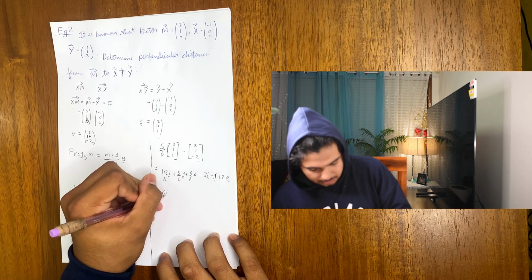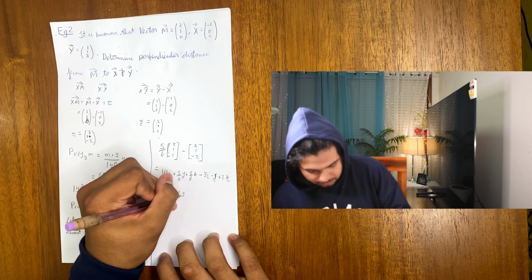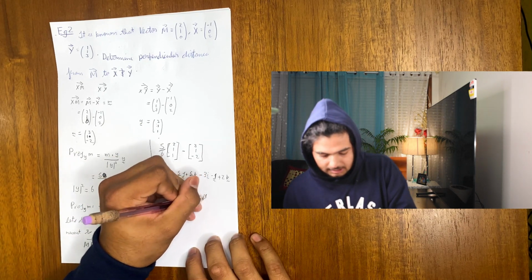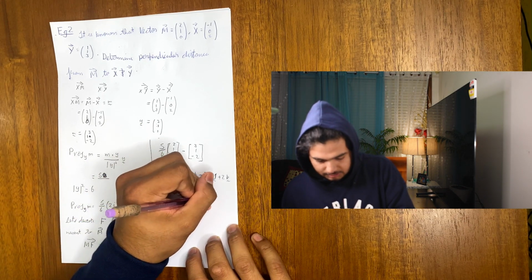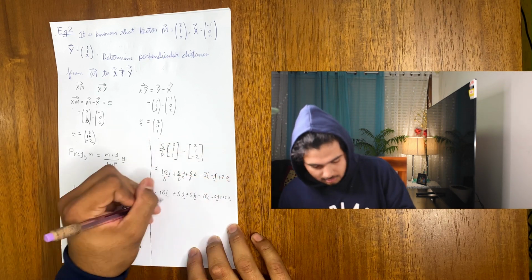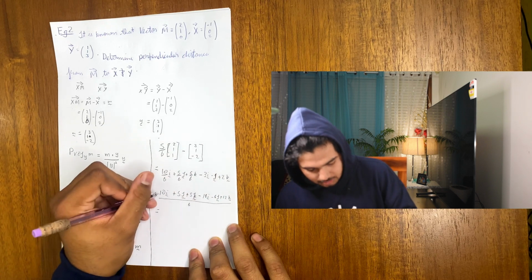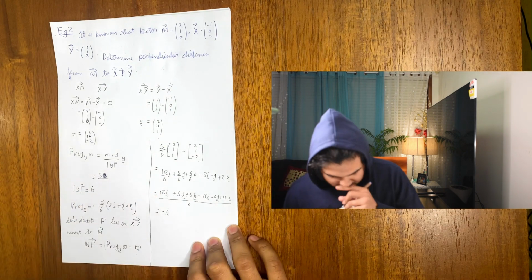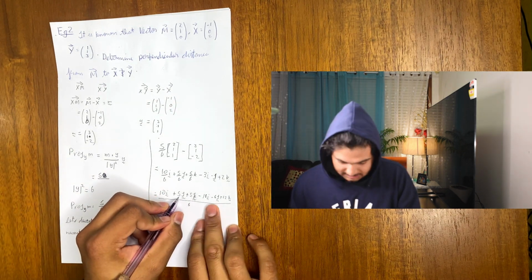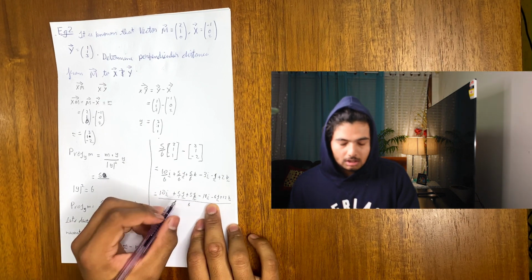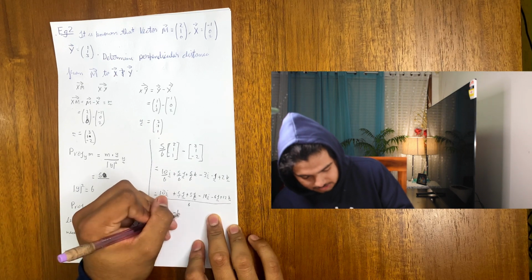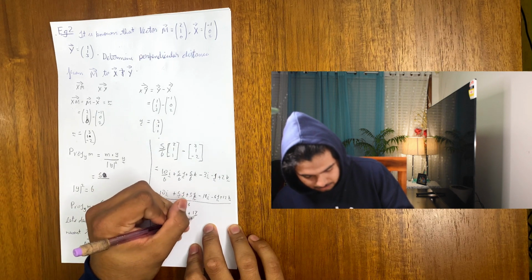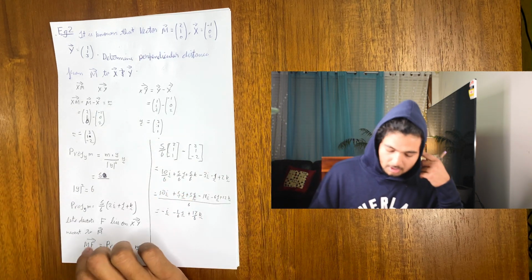We get 10i plus 5j plus 5k minus 18i minus 6j plus 12k, all upon 6. 10 minus 18, negative 8 upon 6 i, 5 minus 6 is negative 1 upon 6 j, and 5 plus 12 is 17 upon 6 k. So that is what vector mf is.